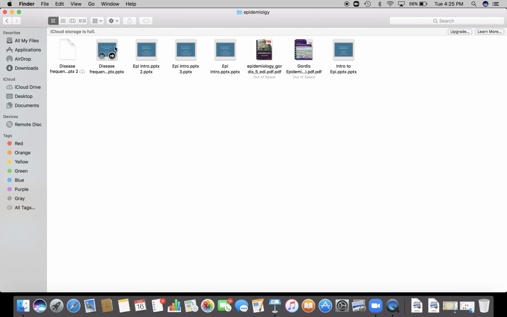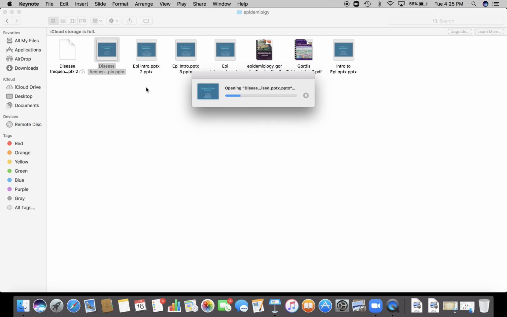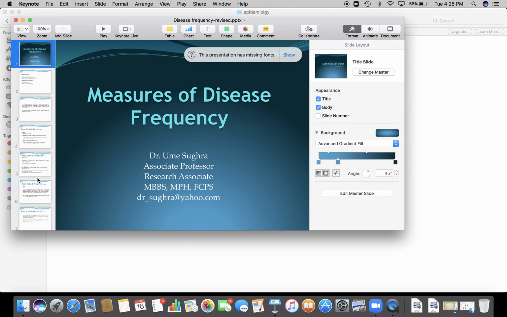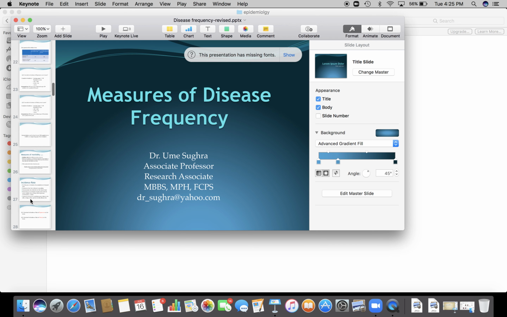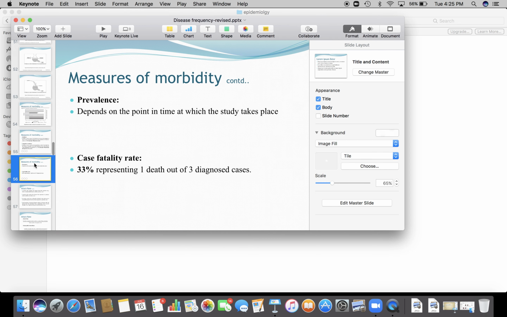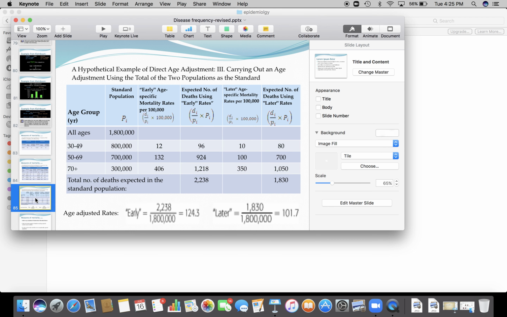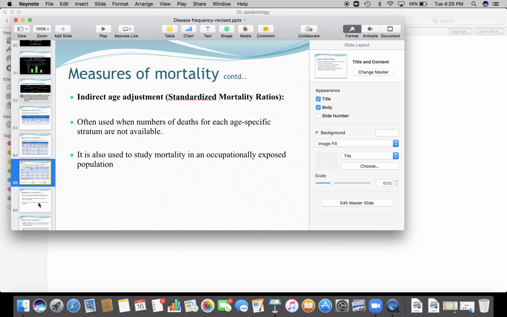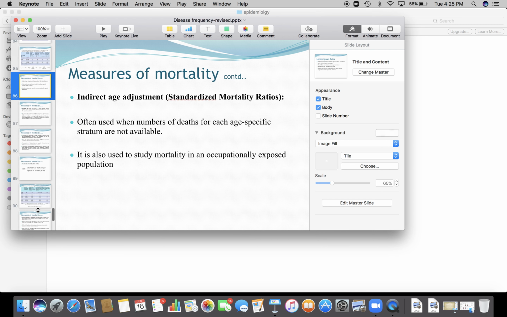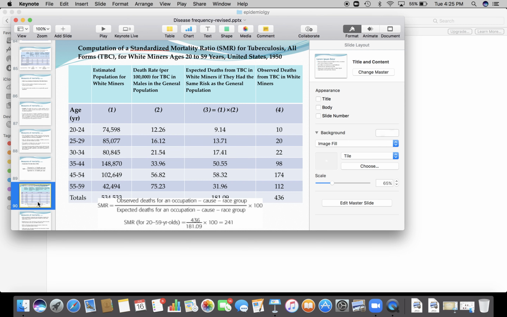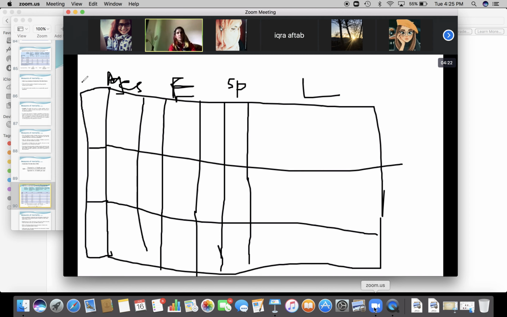And here we have early, I just write it down as early, and this is for the later period. In the middle of these two populations, please make a column and on the top of it, write down standard population. And with each of these early and later periods, please make another column and write down expected deaths, because I'm running short of space.